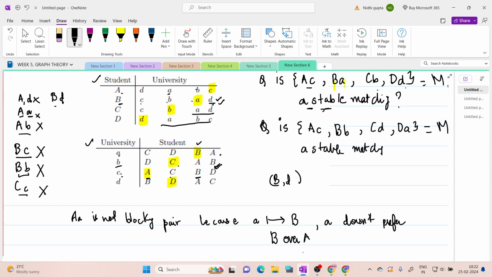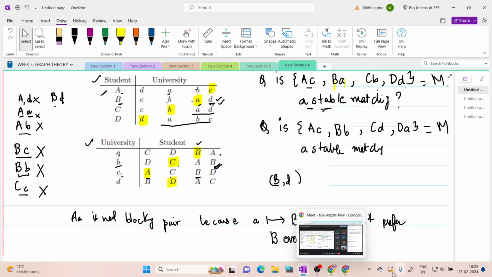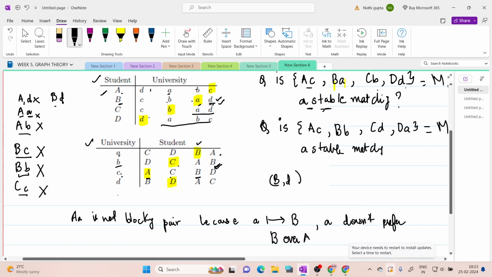Because B is already getting a better choice, A. So if you are choosing anything which lies after these, the students are not happy. Therefore it is sufficient to check just the ones which are lying on the left.